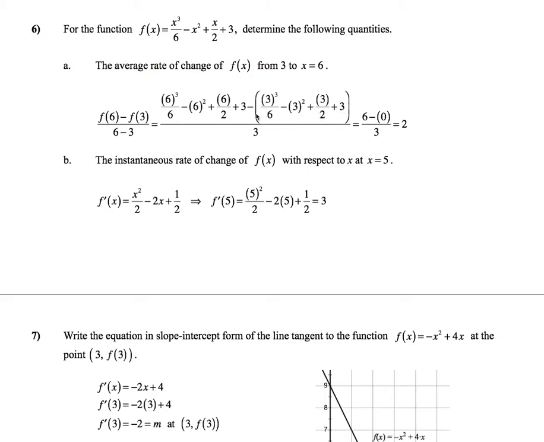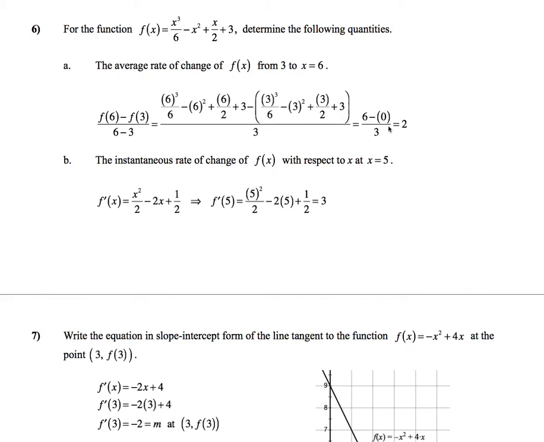Well, if we give all of these a common denominator, we have 9 halves, and of course 9 is 18 halves. We subtract 18 halves from 9 halves, and that gives us negative 9 halves. And then 3 is 6 halves, and so 6 plus 3 is 9. And so 9 halves and negative 9 halves is 0. So this just simplifies to 0.